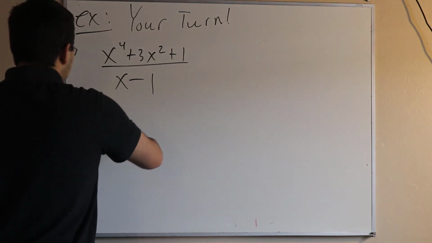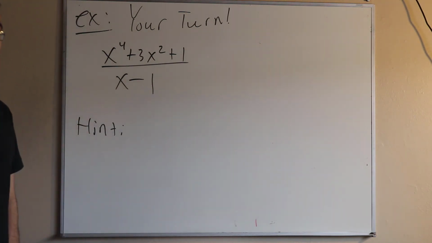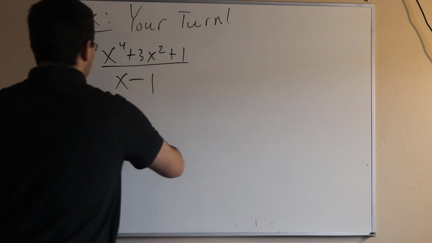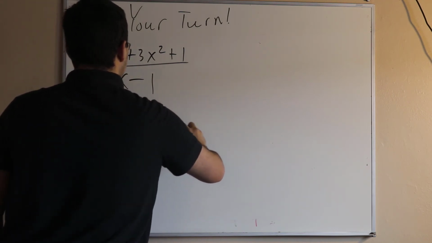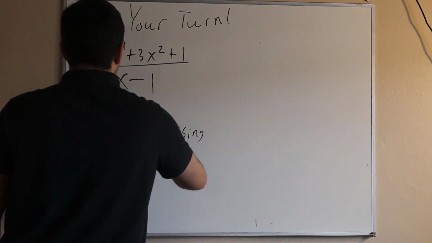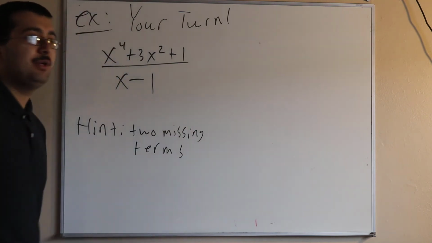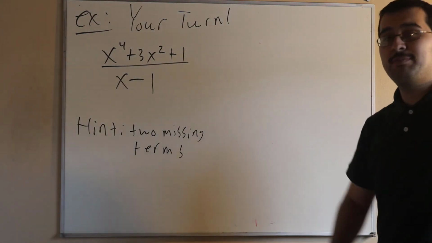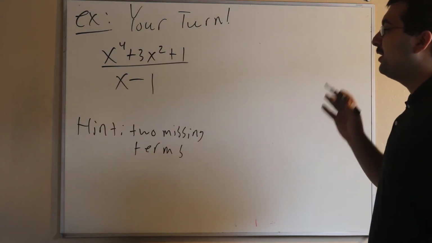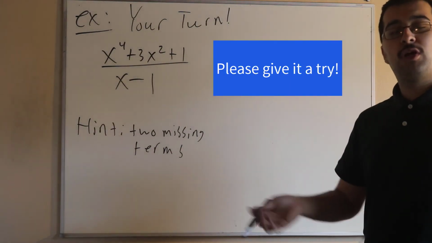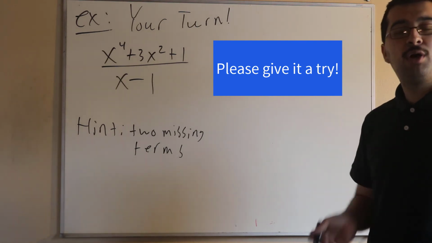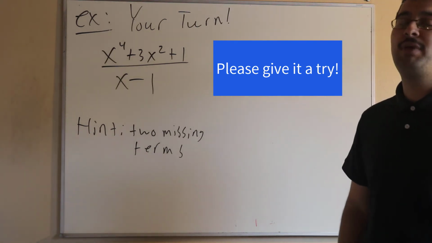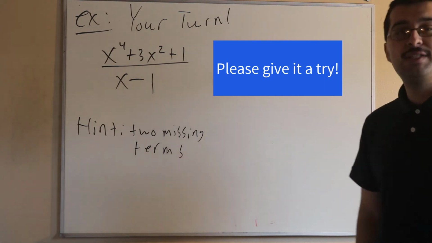The hint is this: for this division, there are two missing terms. So you're going to need to use this zero coefficient trick we just talked about in order to introduce these missing terms. With that said, go ahead and pause the video now, try working through the problem on your own, and after you unpause, I'm simply going to write my answer and we're going to compare our results. So go ahead and pause now.